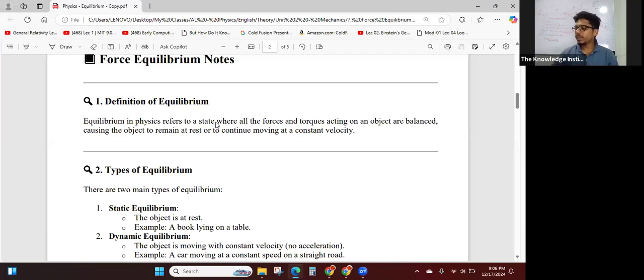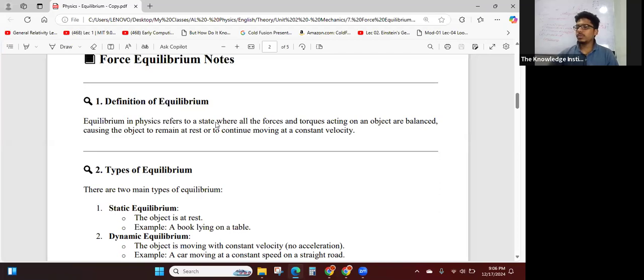So if an object is in equilibrium, the first condition is that the resultant must be zero. And the second thing is that the moment of force must be zero. These are the two things required to check whether an object is in equilibrium or not.